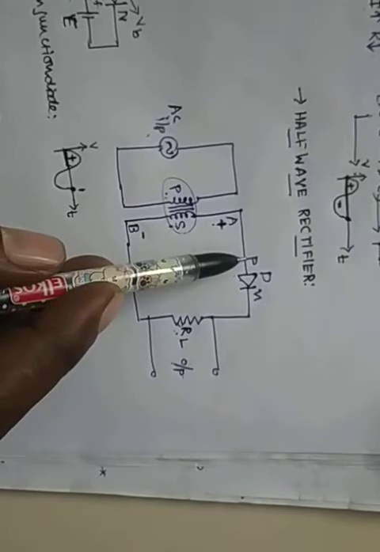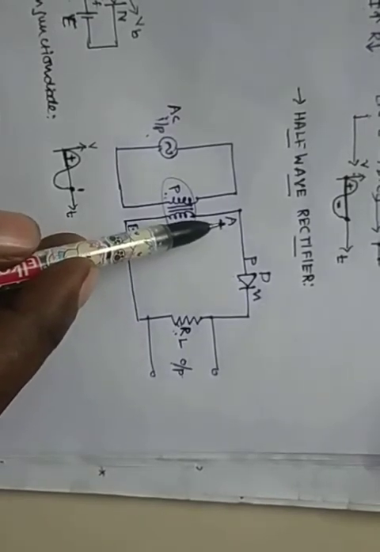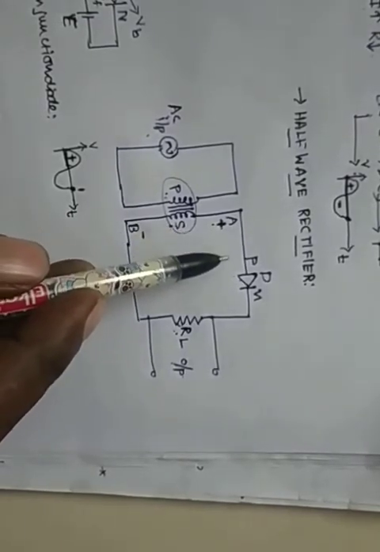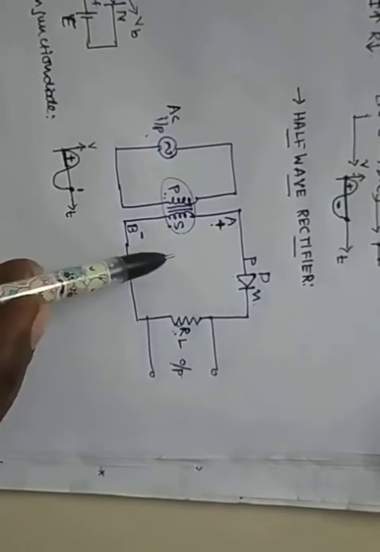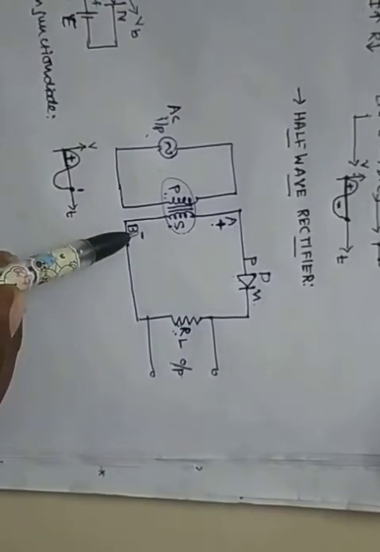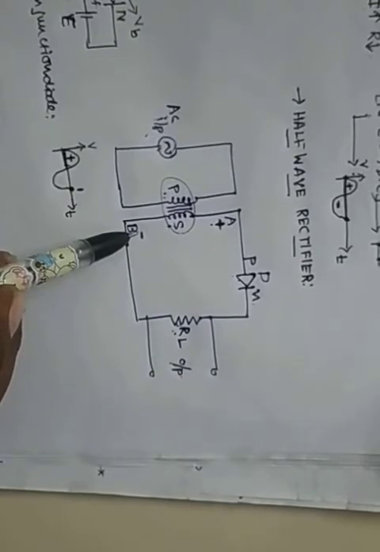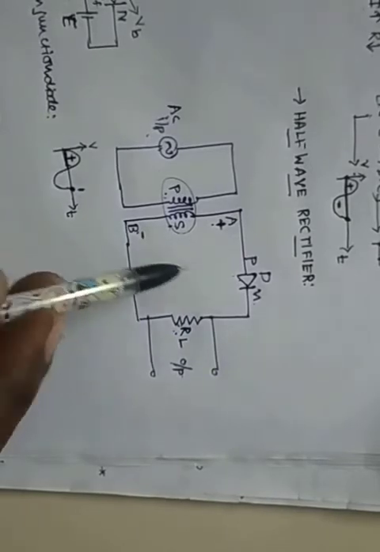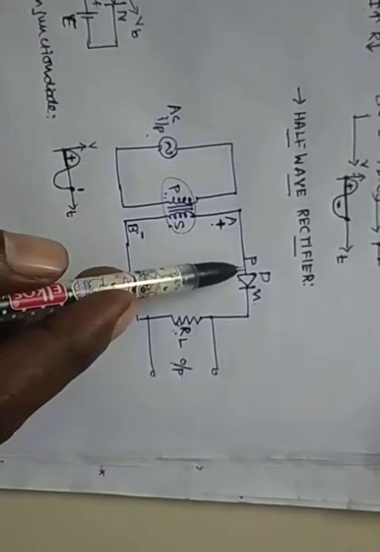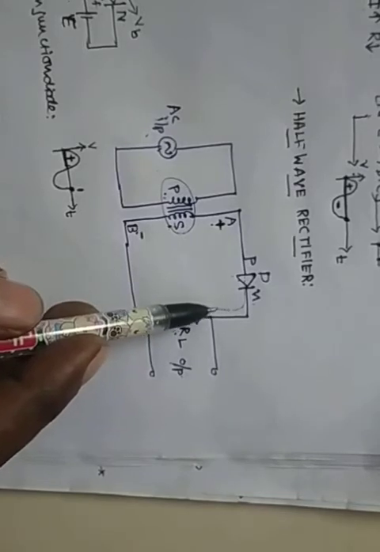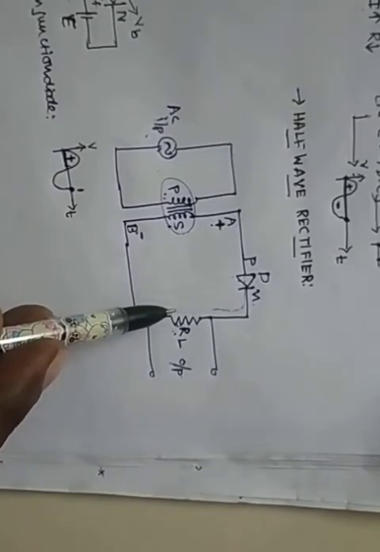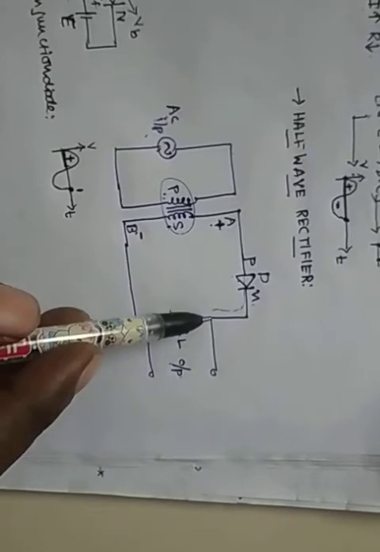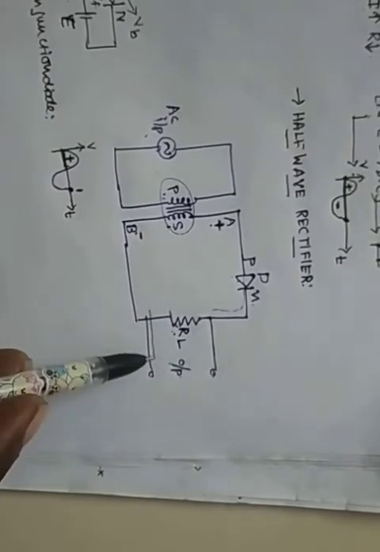When the p-type semiconductor is connected to the positive terminal of the battery and the n-type semiconductor is connected to the negative terminal, it is said to be in forward bias. When the diode is in forward bias, as I told you, current will pass through the circuit through this path. Across the load resistance, the output is taken.